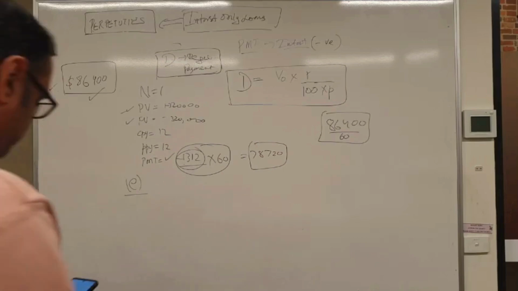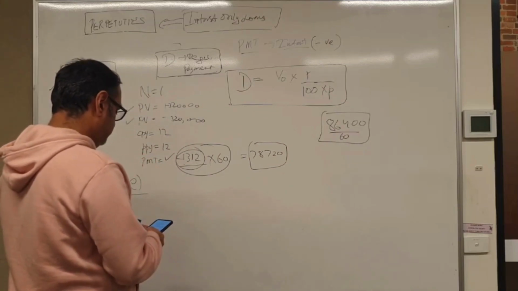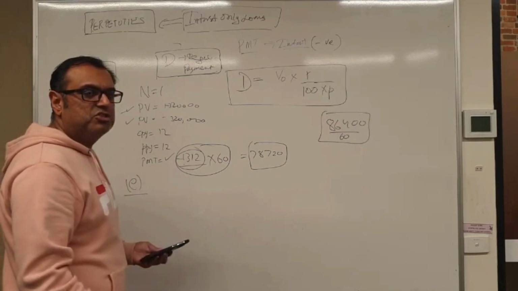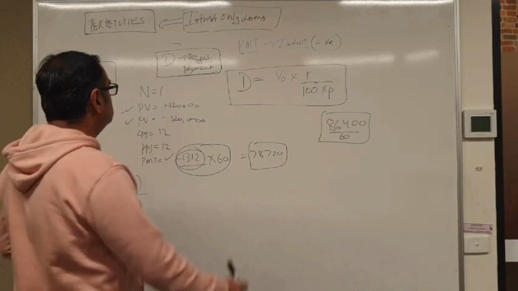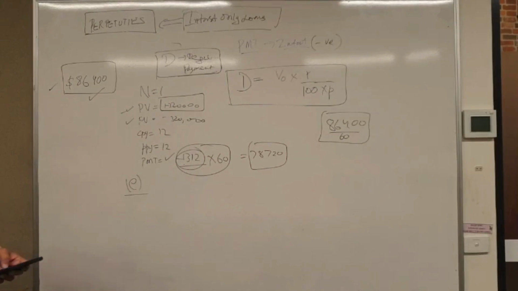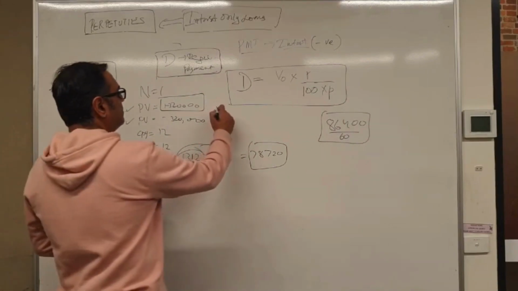Is 86,400 the principal? Come on, it clearly says it's interest paid. What's the principal? That was the principal. 320,000. Is it 5.4? Good job. What did you do? I just used that formula. Yeah, that's it.